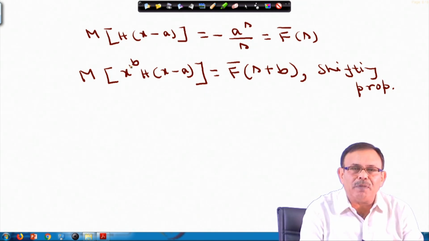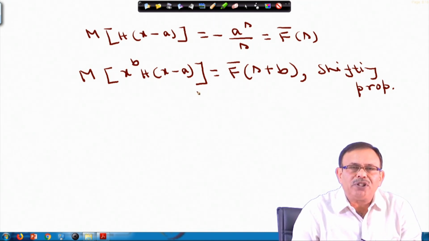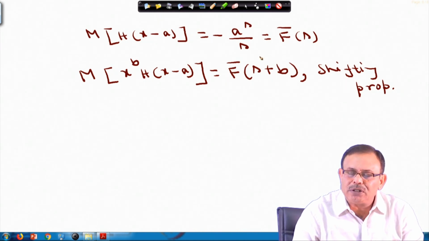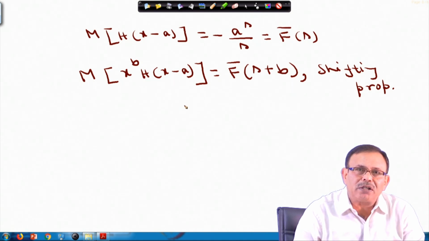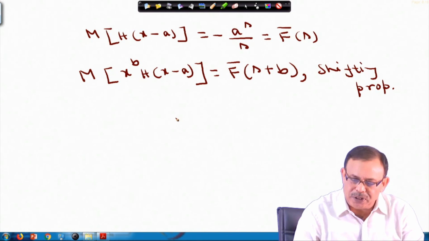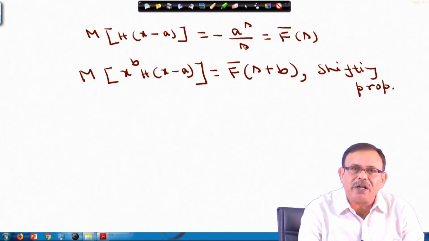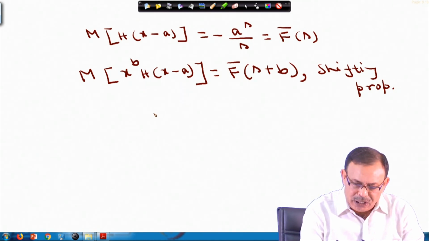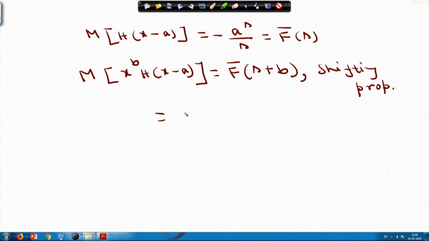If I know that the Mellin transform of the Heaviside function H of x minus a is minus a to the power s by s, which equals f bar s, then the Mellin transform of x to the power b H of x minus a we can directly write down, using the shifting property, as f bar of s plus b. I know f bar s is minus a to the power s divided by s, so I can write minus a to the power s plus b by s plus b.